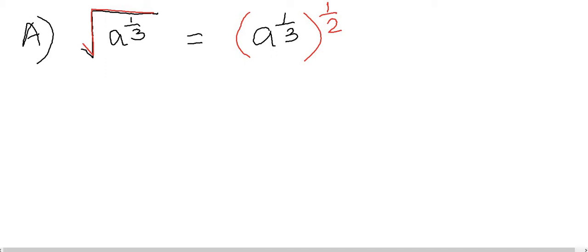Right? So then this is of the form a to the power m to the power n.